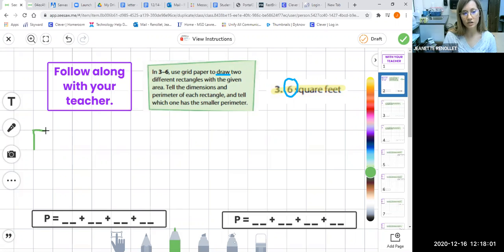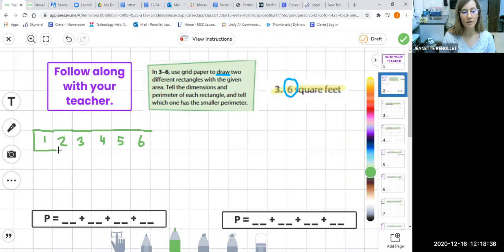So here's my first square, 1, 2, 3, 4, 5, 6. I have added 1, 2, 3, 4, 5, 6 square units to my rectangle.